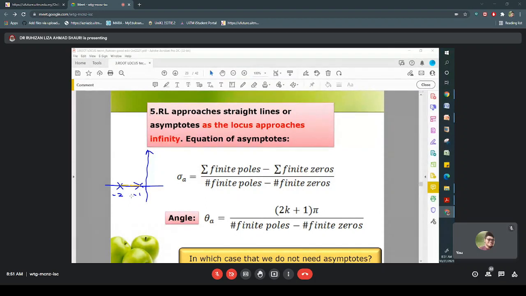Okay, so that is the third. Number 4. What does it say? Begins at poles and ends at zeros. It starts from the pole to the zero.